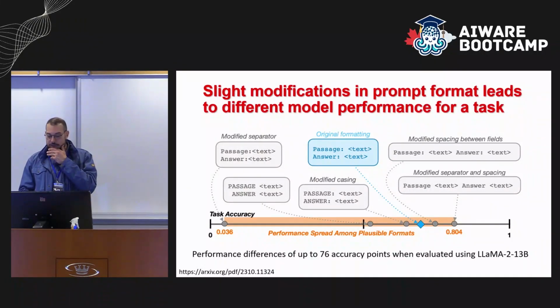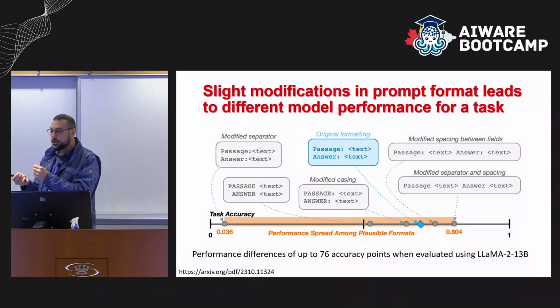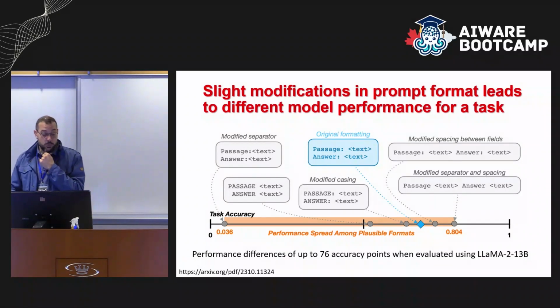Just to illustrate this, this is a prompt with few-shot examples, and the examples have a passage with some text and an answer with some text. This was the original formatting, and these other boxes are variations of this original formatting and how they affect performance on a task evaluated with accuracy.